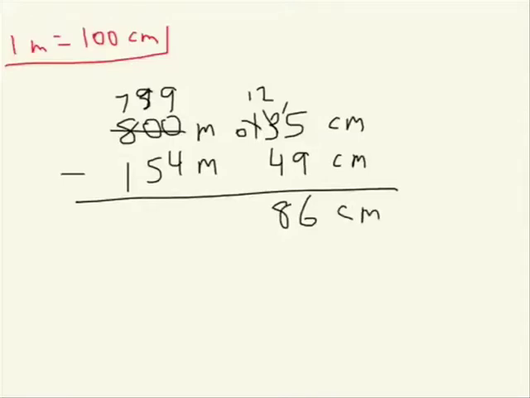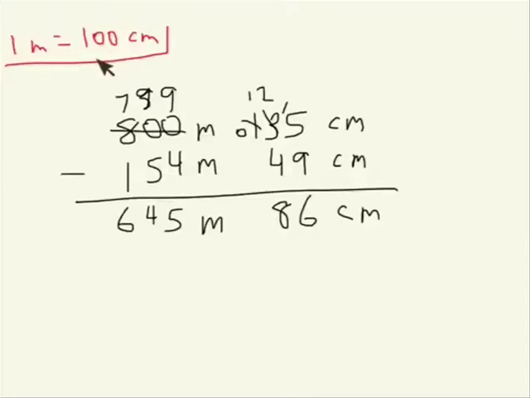Now I'm going to subtract my meter side and end up with meters. 9 minus 4 is 5. 9 tens minus 5 tens is 4 tens. And 7 hundreds minus 100 is 600. So now to change, so I have the smaller unit, I have to change my meters to centimeters. So 645 meters, thinking 1 meter is 100 centimeters.